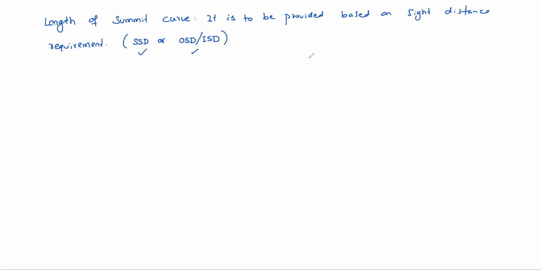See, what is the problem? I'll explain. Suppose for a given gradient, I will give you two cases here. Why we need to provide sufficient length, I will also explain. Suppose you have two gradients like this.